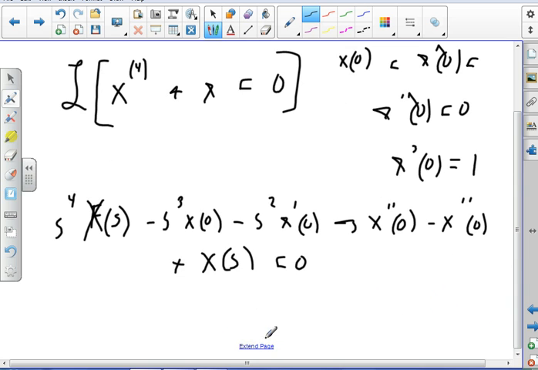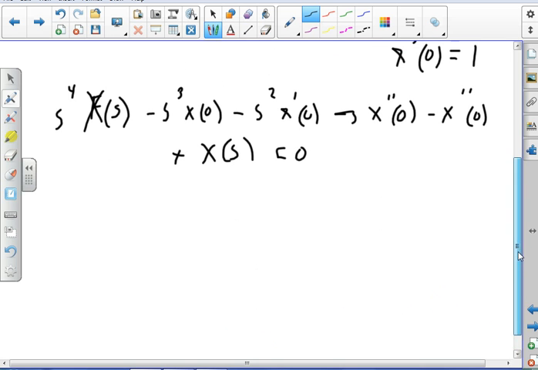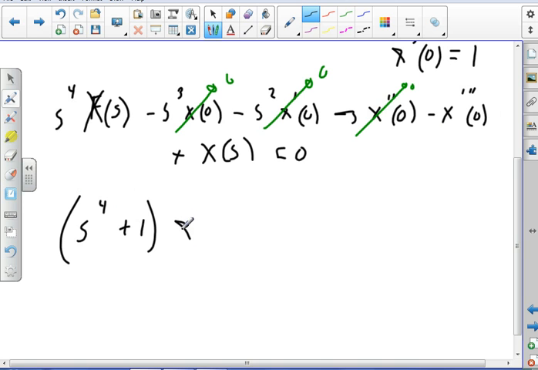Okay, so that's the problem that I got. So I look at it again, and this is 0, that's 0, that's 0, and this guy is 1. So I'm going to have s to the 4th plus 1 times X of s is equal to 1.